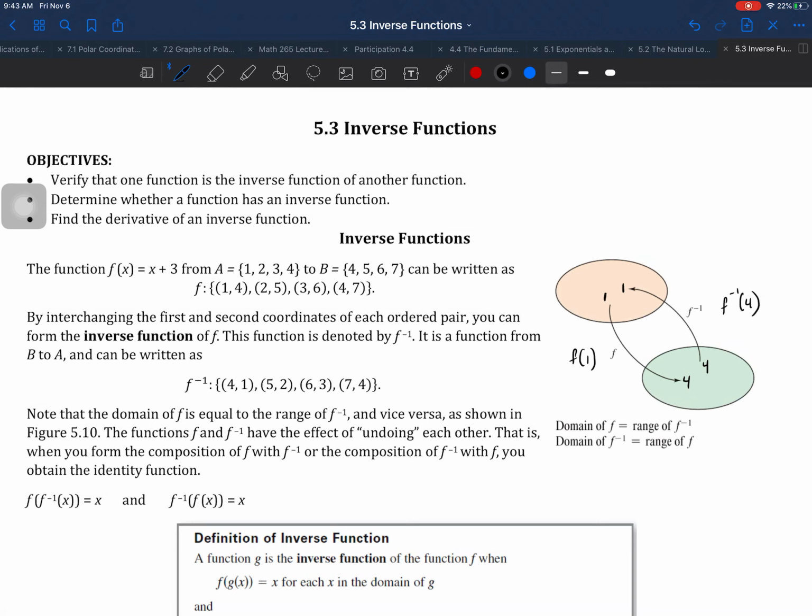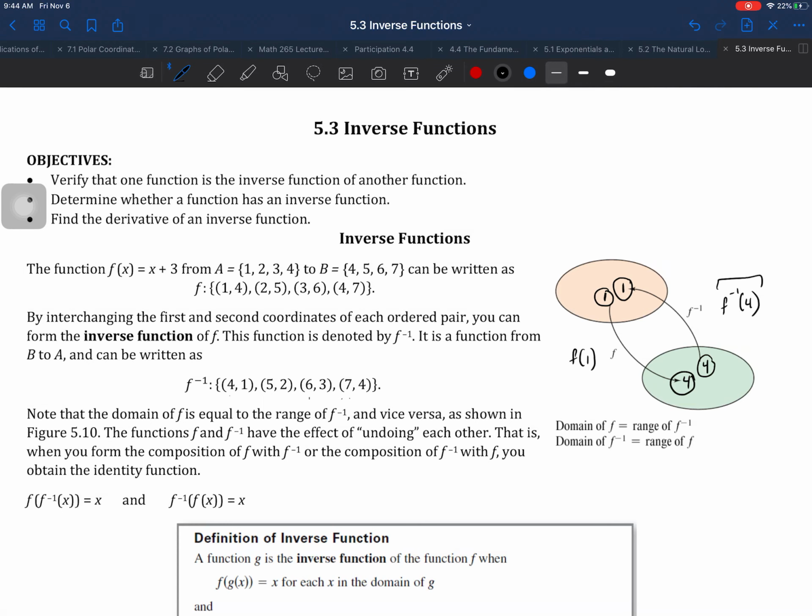So this is your x value, this is your y value. But for the inverse function, this is the x component and this is the y component. If you notice, it maps 4 to 1, 5 to 2, 6 to 3, 7 to 4.